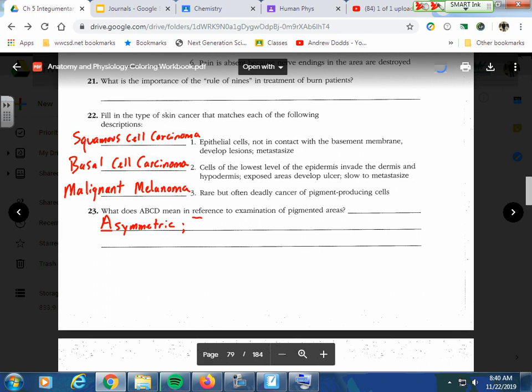B is for, does it have a regular, like, wavy borders on the side of it? C is for, is it multi-colored? And D is about how big is it, the diameter. And that does it.